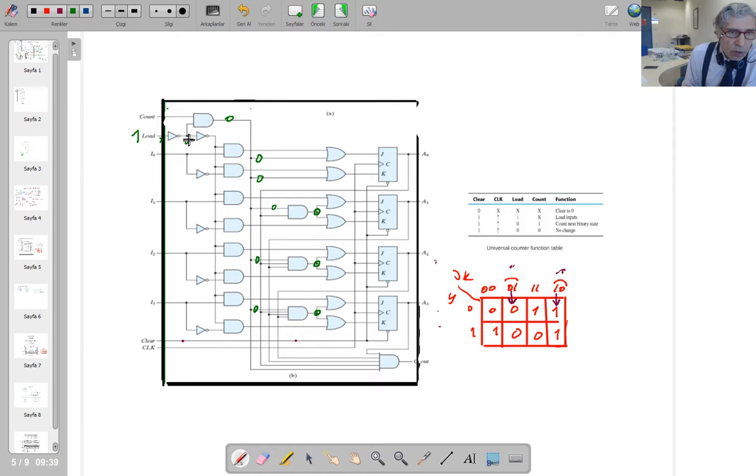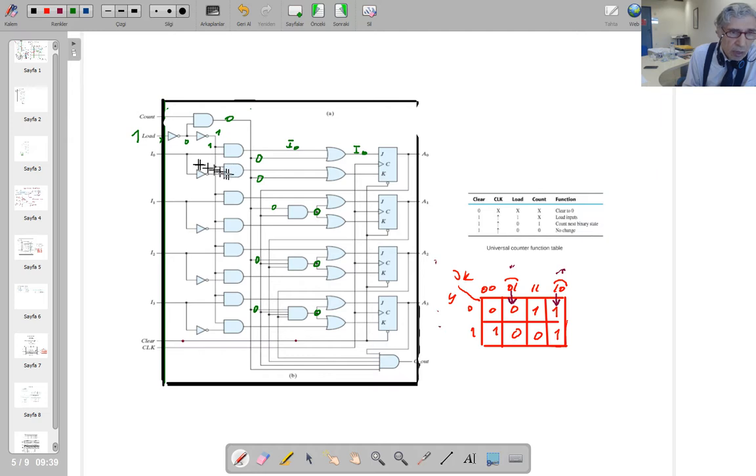When load is 0, okay, the output of this NOT gate, if the input is 0, then output is going to be 1. So input is going to be 1 here. The output of this AND gate is going to be 1 times I0, which gives you I0, isn't it? So I0 plus 0 is going to give you I0.